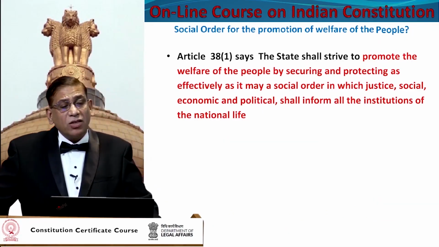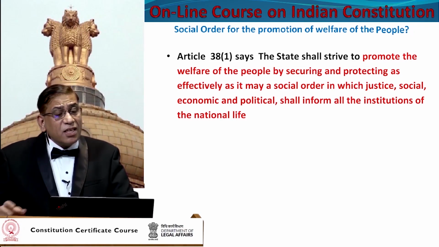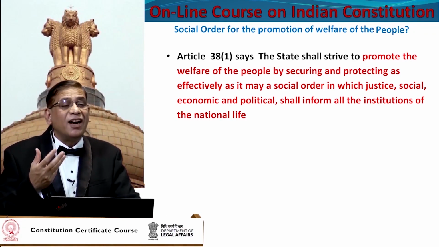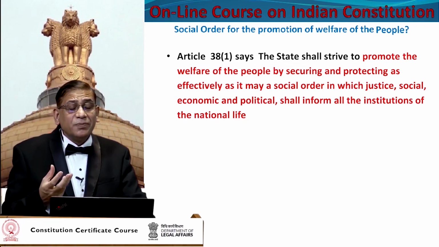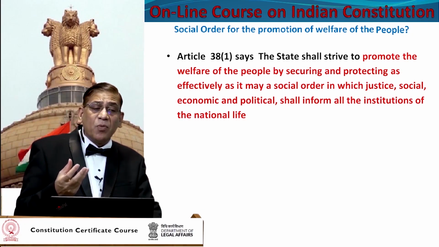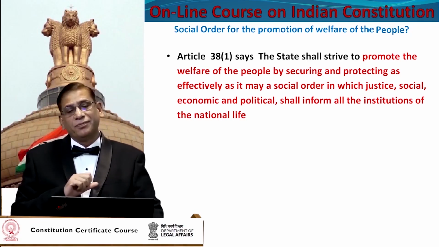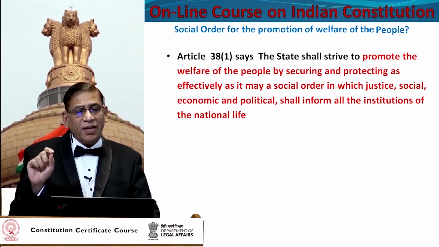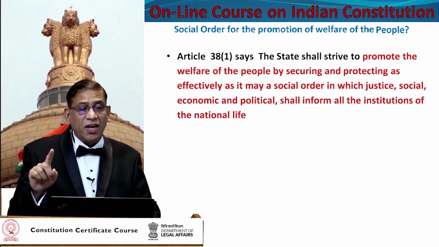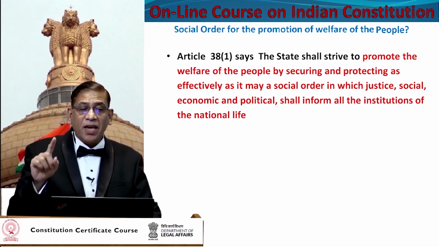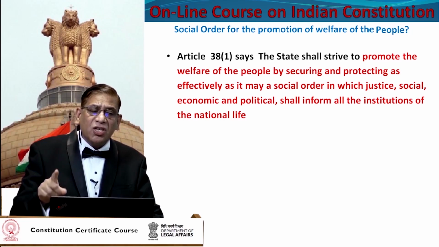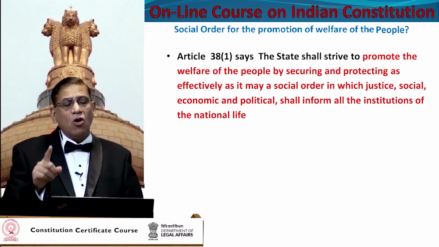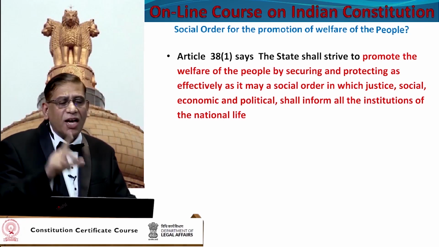Article 38, Clause 1 tells us the kind of social order we want to achieve in India. It says the state shall strive to promote the welfare of the people by securing and protecting as effectively as it may a social order in which justice, economic, social, and political shall inform all the institutions of the national life.